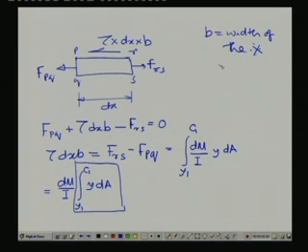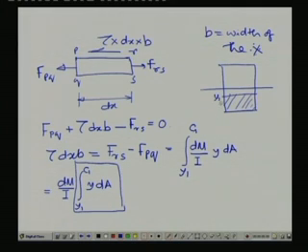If we look into the cross section, this was the area where we found the force. This was y1, this was c1. If we consider a centroid somewhere, then this is the distance from the neutral axis of the beam section.